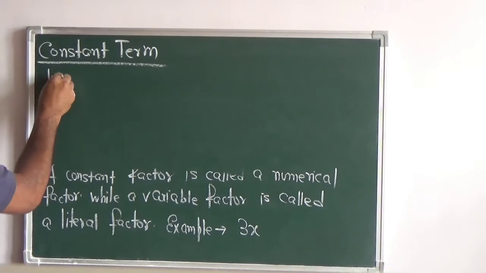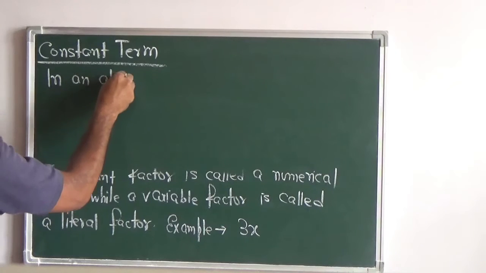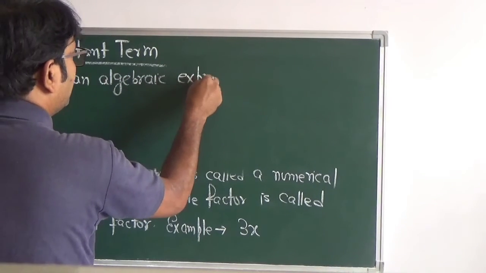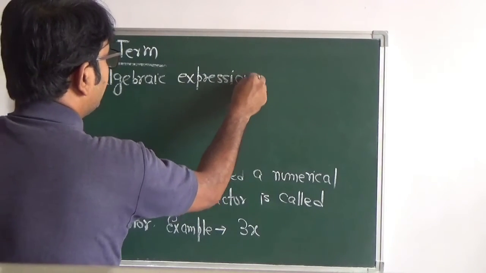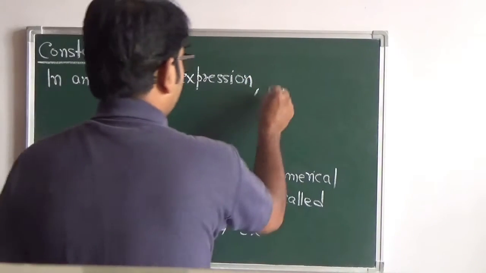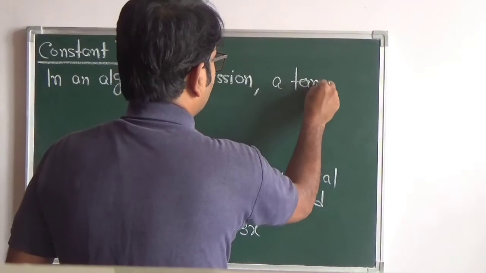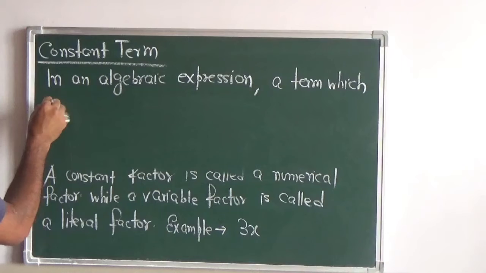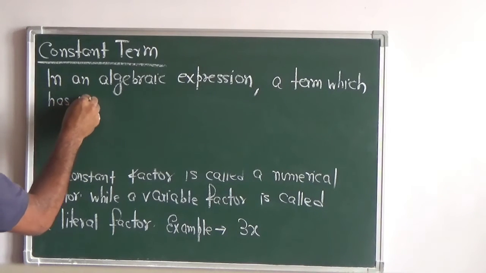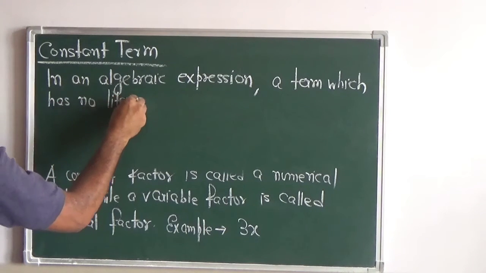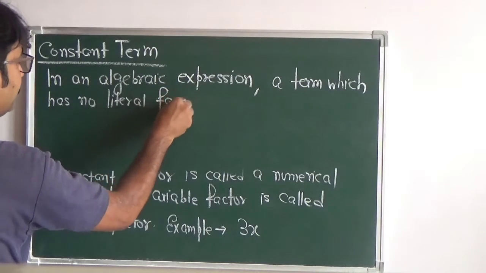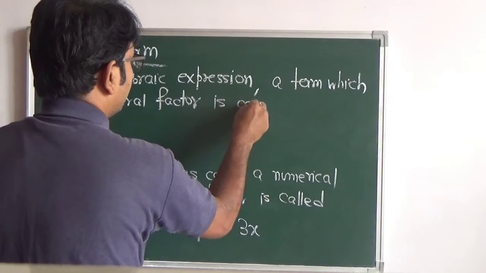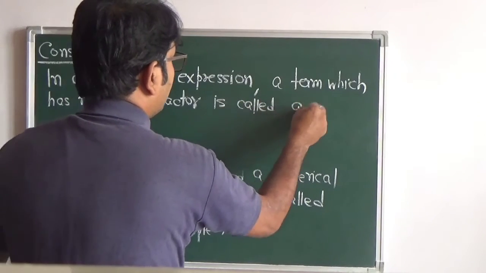In an algebraic expression, a term which has no literal factor is called a constant term.